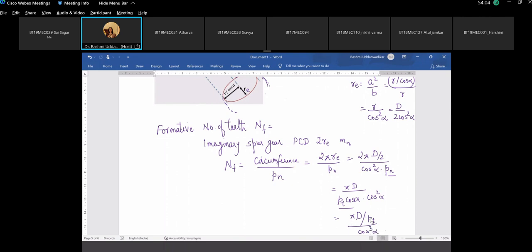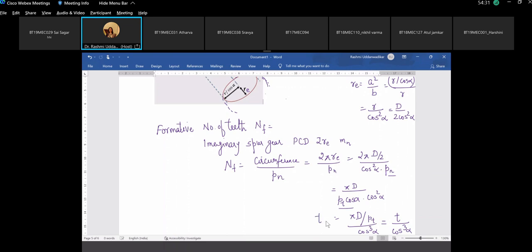What is this pi d by Pt? For a gear with pitch circle diameter d and the pitch distance between any two adjacent teeth as Pt, what is pi d by Pt by definition of pitch? This is equal to number of teeth T upon cos cube alpha.